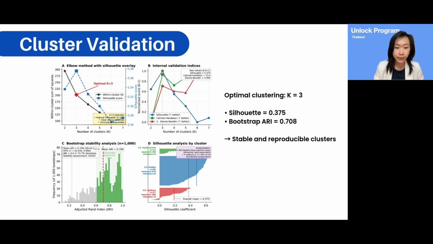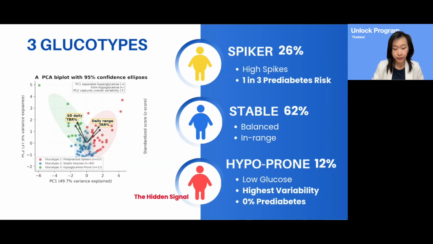We also compared our results with another clustering method, which showed similar results. Overall, these findings suggest that the three glucotypes were stable and reproducible, not random patterns. Unsupervised clustering identified three distinct glucotypes.